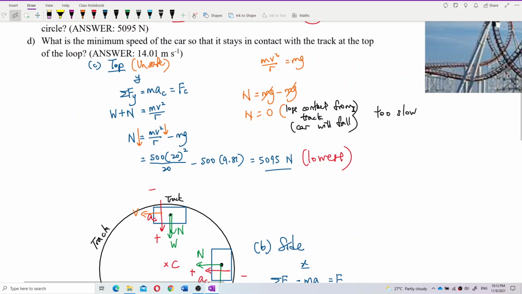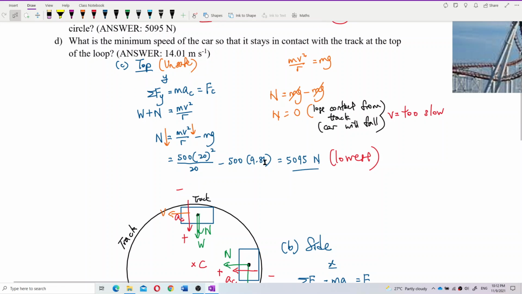Understand? If the speed is too slow, the car will fall, especially at the top position, which is unsafe because it has the lowest normal force. The lower the speed, the lower the normal force. The normal force reaches 0 when mv squared over r becomes mg, because mg minus mg gives 0 normal force.